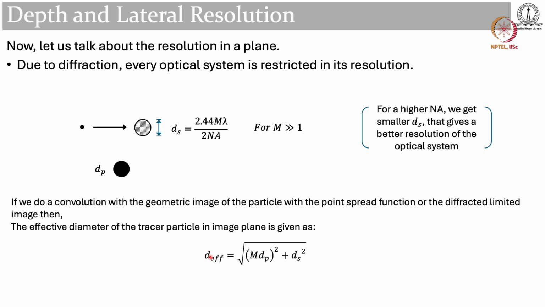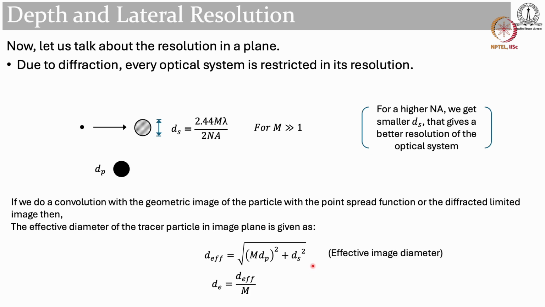We call it d_eff, the effective diameter, equal to the square root of (M dp)² plus ds², where dp is our tracer particle diameter. M dp is basically the geometric image, which we have studied in our optics, and we call the result the effective image diameter.